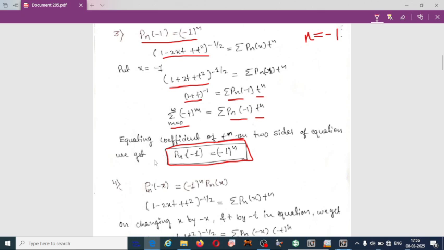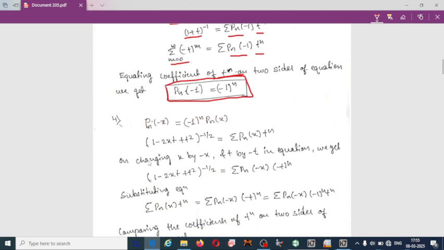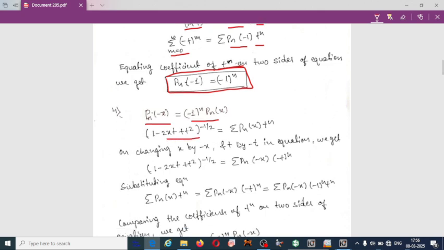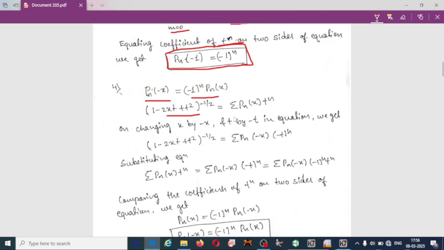Third specific case done. Next, the fourth one: Pn of minus x is minus 1 to the power n into Pn of x. We have to prove this. Again we have to use the generating function. The generating function for Legendre's function is equal to summation Pn of x t to the power n.